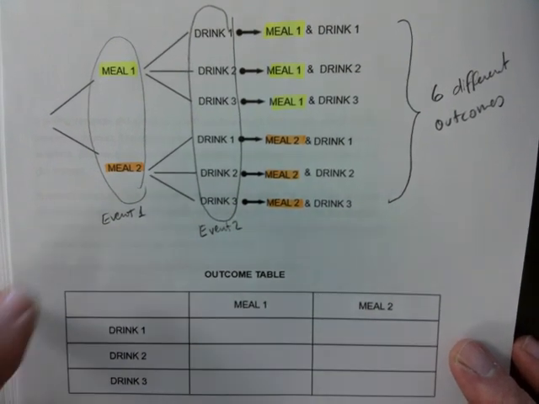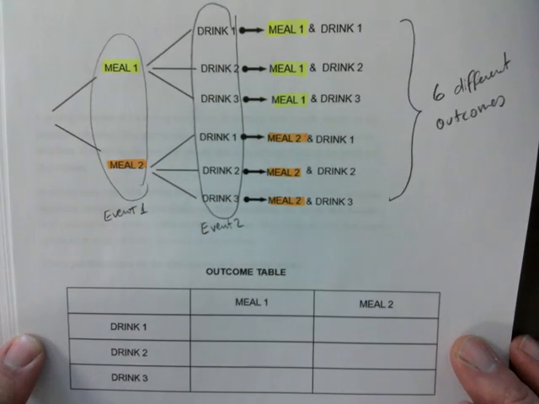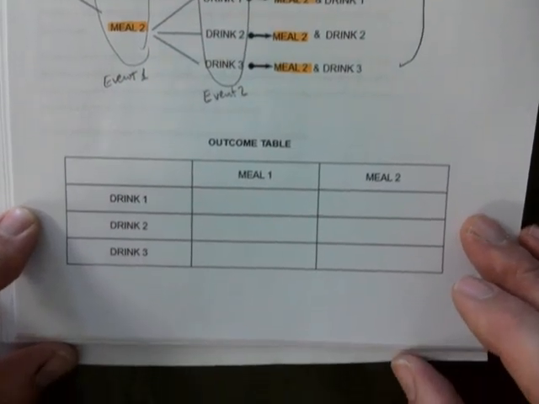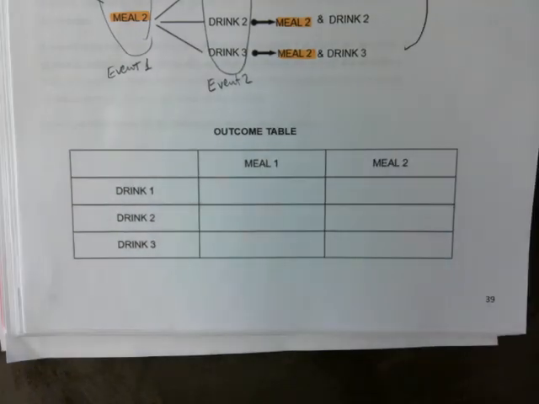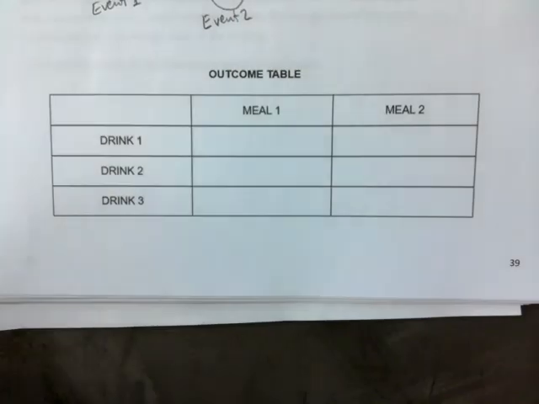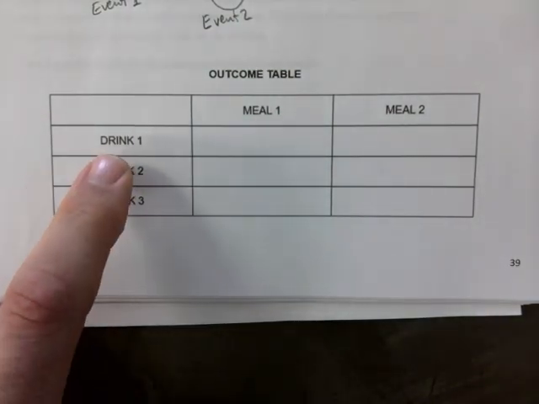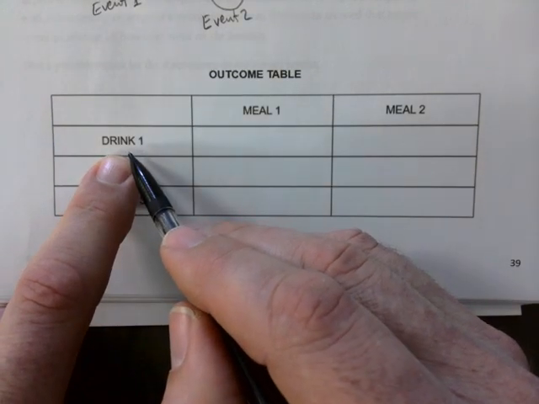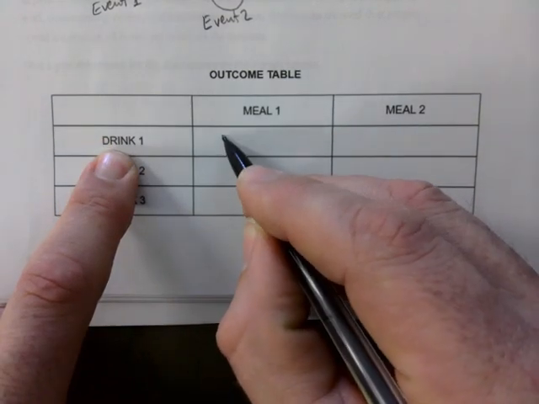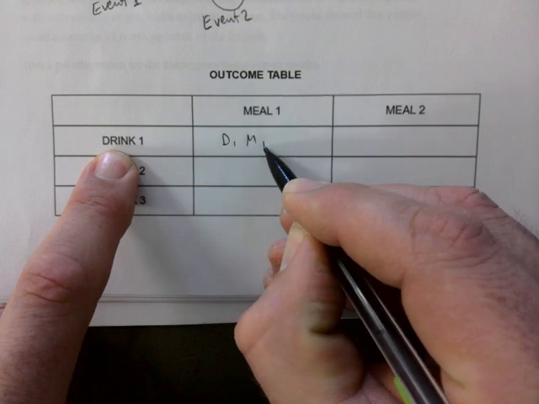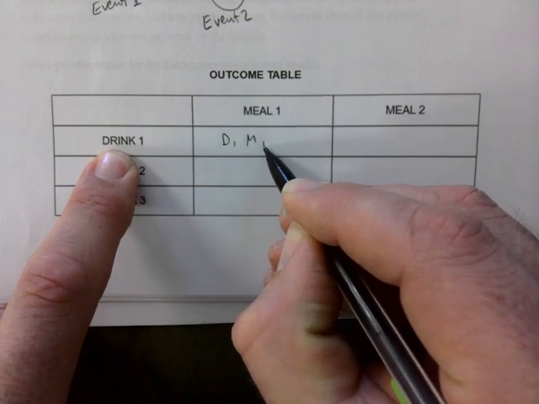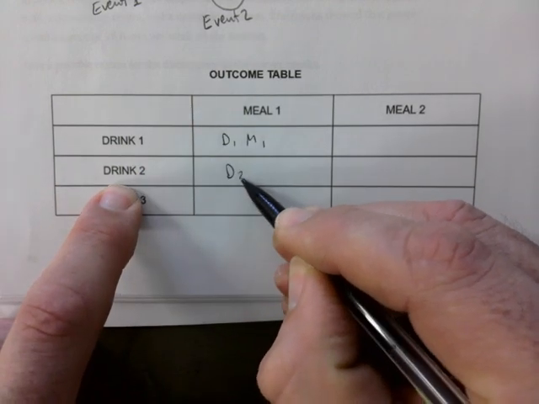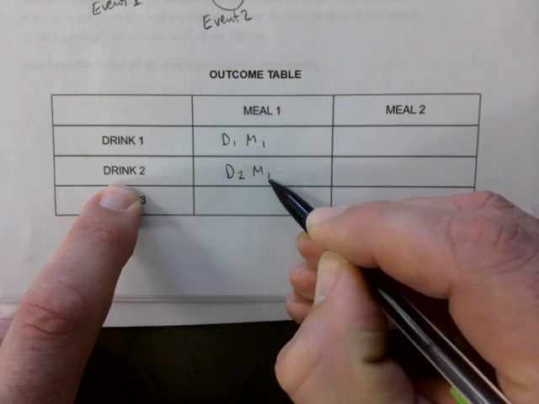Next, this same concept can be illustrated using our outcome table. This is the more popular one, okay? So watch how I do this. It doesn't really matter, but I choose to put this first. So drink 1, meal 1. Followed by drink 2, meal 1.